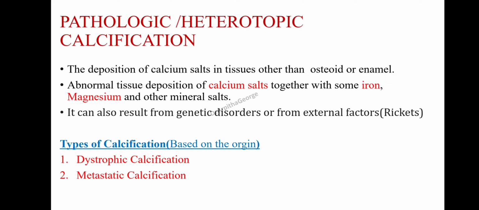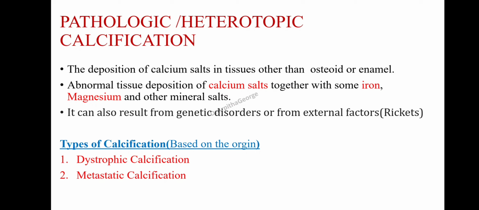Even in pathological calcification, the types are there. But before that, we'll see the definition of pathological calcification. It is a precipitation or deposition of calcium salts. From the name itself, calcification, we understand the deposition of calcium salts in our tissues.